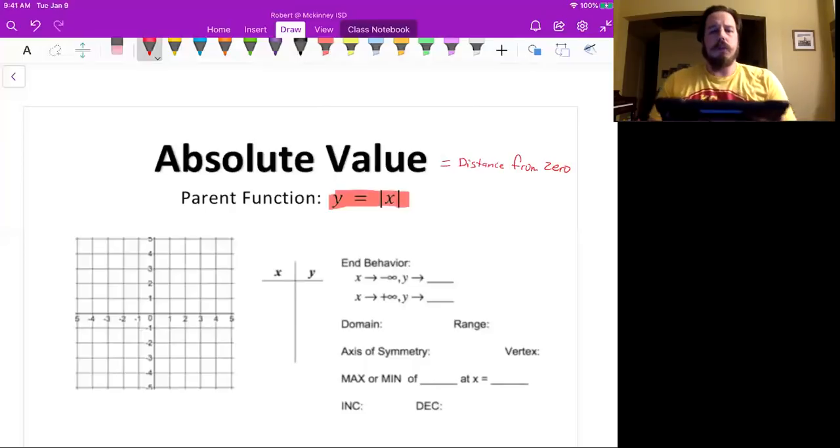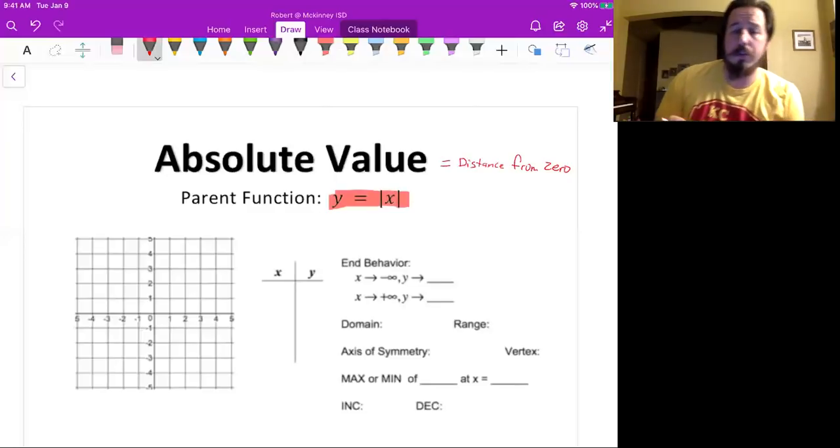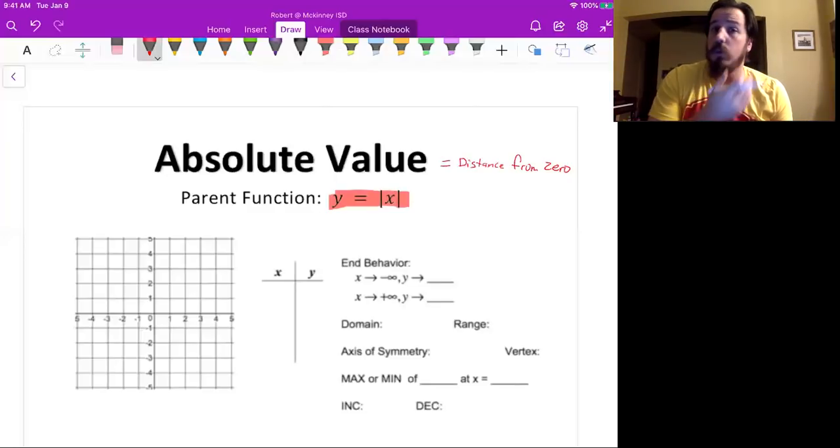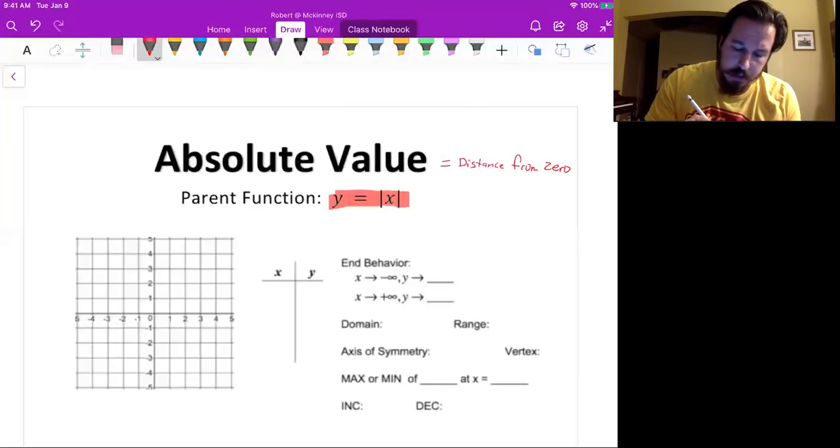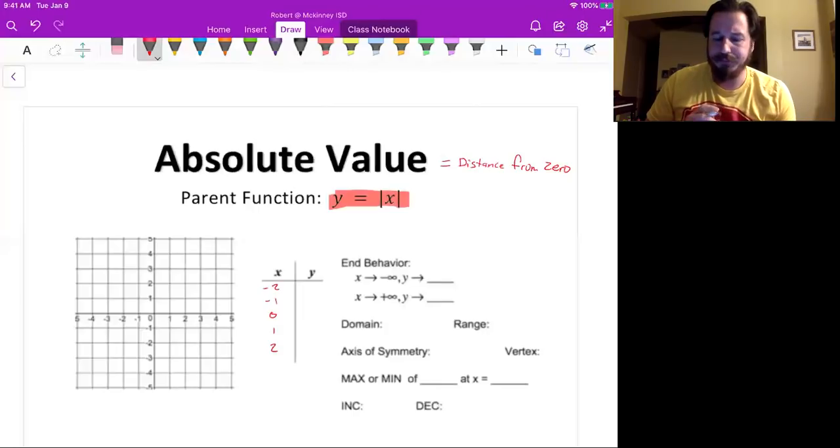Okay, so we're going to start by just graphing what the parent function is. So I'm going to put a few x values here of -2, -1, 0, 1, and 2, and find their corresponding y values. So if I'm talking distance away from 0, well, if I am at -2, distance is never negative, so it's just the positive version of that.